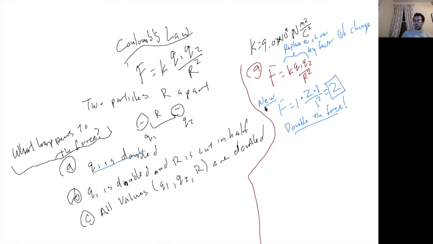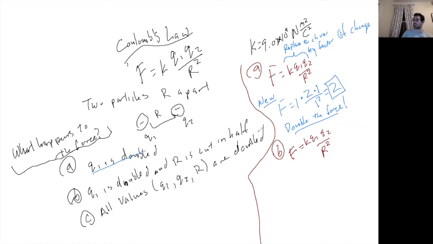Okay, now let's move on to part B. For part B, we have Q1 doubled, and so F equals K Q1 Q2 over R squared. And again, I'm going to do this way here with replacing the variables with the amount they change by.